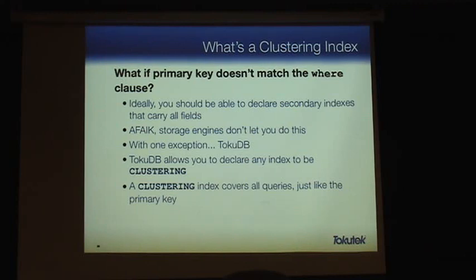So our storage engine, the TokuDB storage engine, allows you to declare an index to be clustering. And what a clustering index does is it basically includes all the other fields in the index data structure so that every query on a clustering index is covering, just like the primary key.